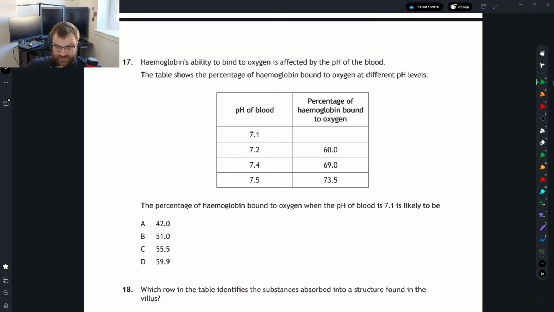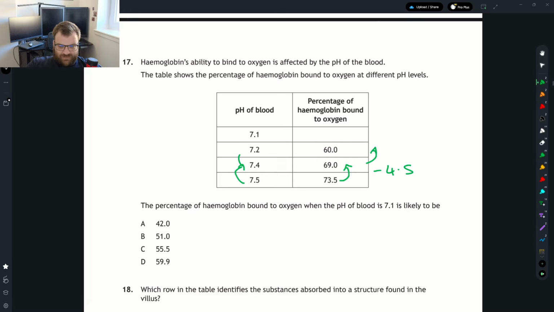On to 17, we're looking to do a prediction. As the pH is decreasing, we are decreasing the percentage bound. So it was 0.1 of a difference, made it go down by 4.5.